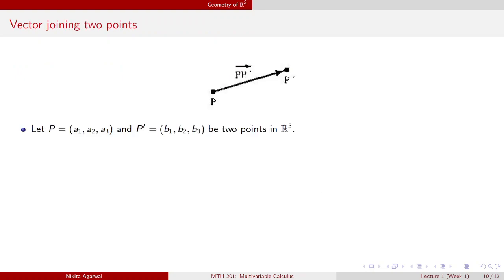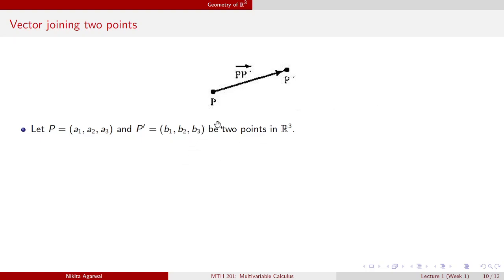So far we defined a vector which starts at the origin, and we were translating it for various geometrical representations. Now let us define a vector in general which need not start at the origin. You can define a vector joining two points.